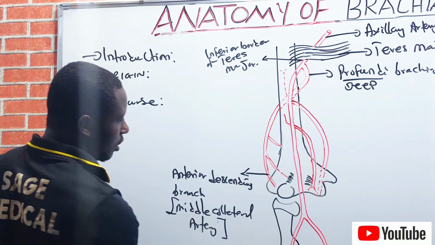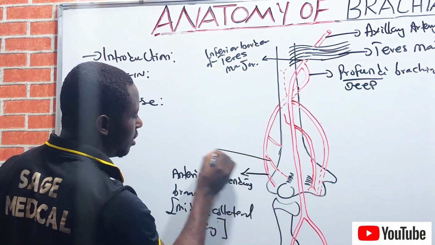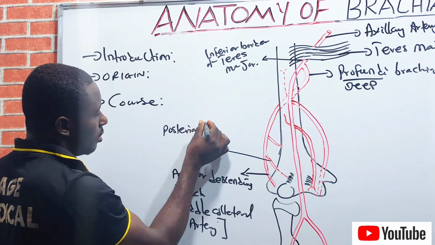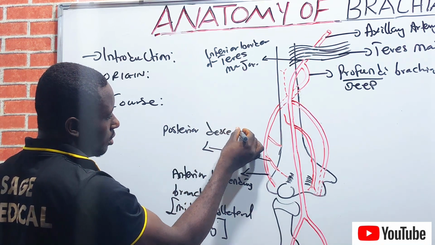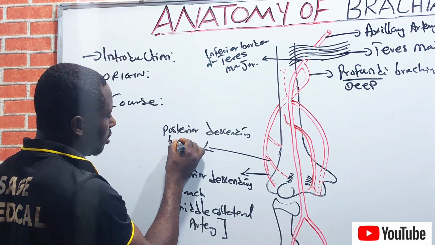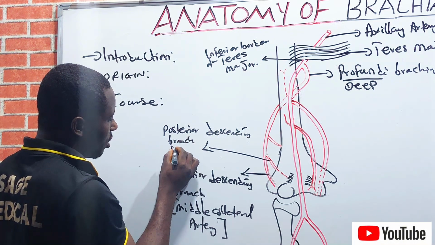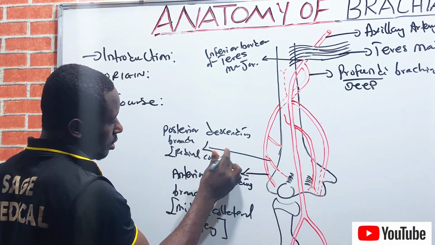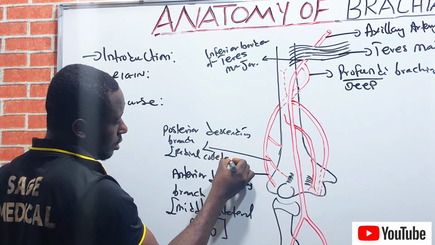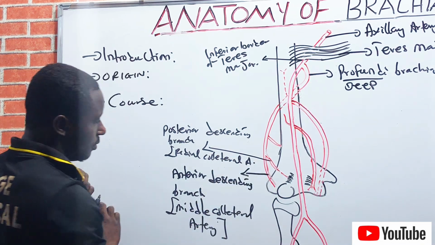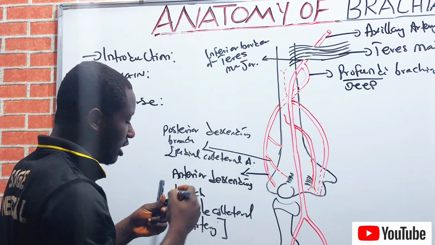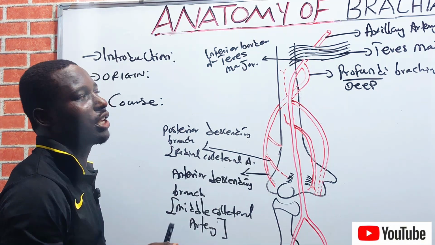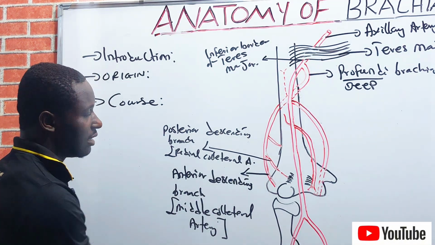This is the posterior descending branch, which can be called the radial collateral artery. These are the two terminal descending branches of the profunda brachial artery. So that is the course.